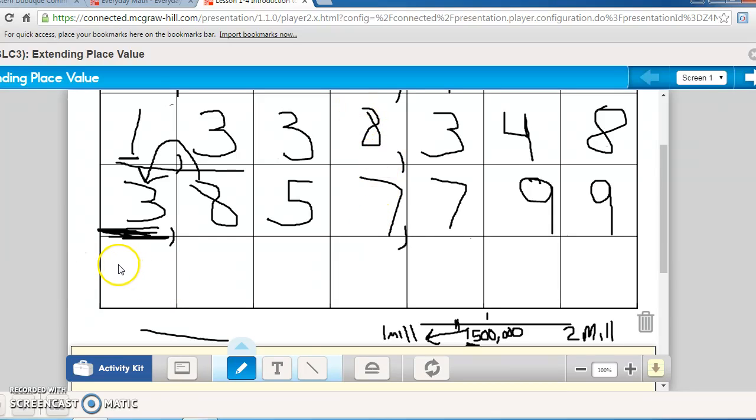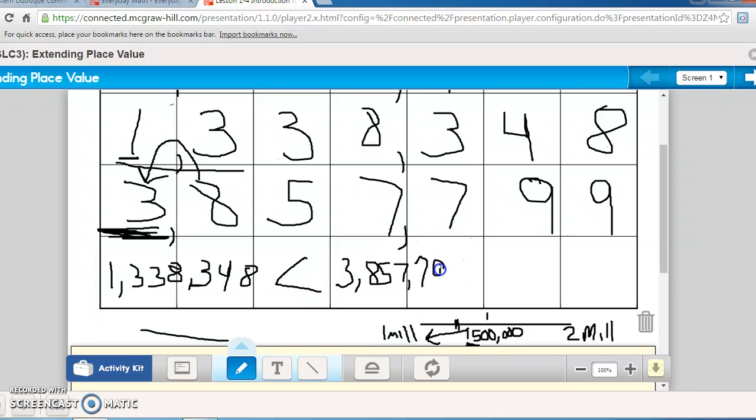Comparing these two, we're going to write the first number we wrote down first, 1,338,348 is less than, because the little pointy end, tiny, goes to the tinier number, the wide open end, the big end, goes to this side. So is less than 3,857,799. Very good.